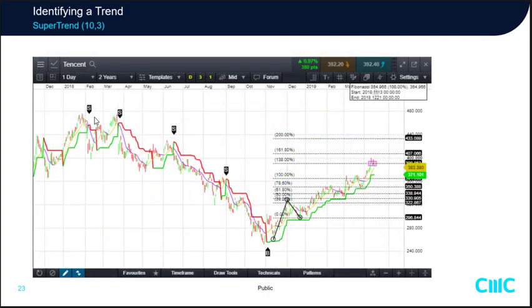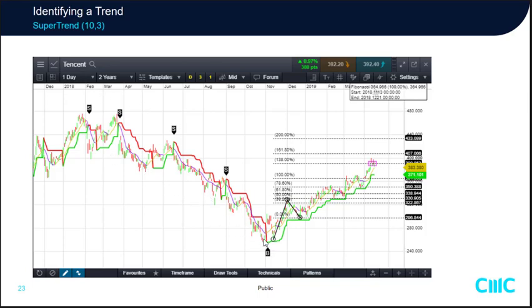Okay, and one more example is Tencent. Here we have identified a couple of selling signals by SuperTrend when the color changes from green to red, like here, here, here, here. And even without using SuperTrend, we can also identify this as a bearish trend because Tencent was forming consecutive lower highs from here to here to here, and lower lows.